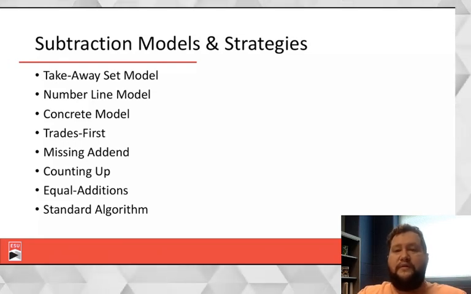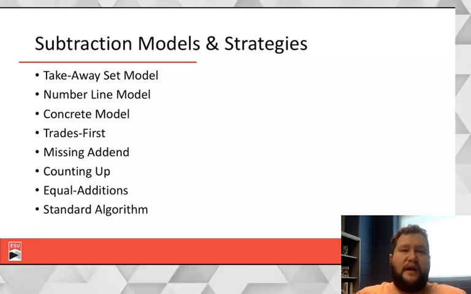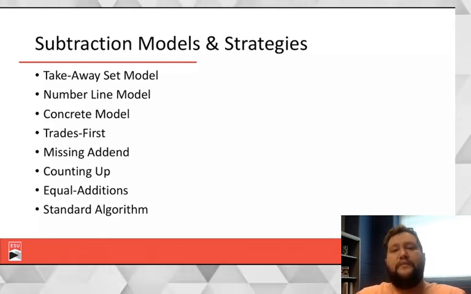The concrete model uses base 10 blocks: our units, our longs, and our flats. Then trades first, where we do all of our possible regrouping at the beginning, and a couple more: missing addend, counting up, equal additions, and then the standard algorithm. Just like last time, I'll go through each of these in turn.